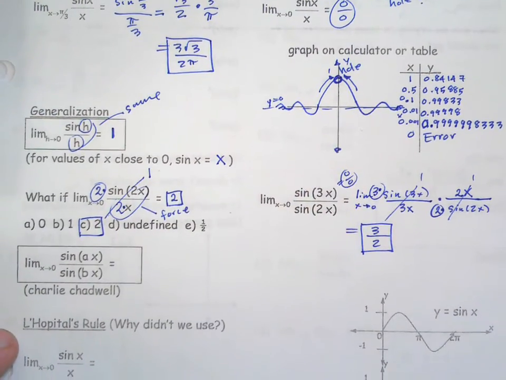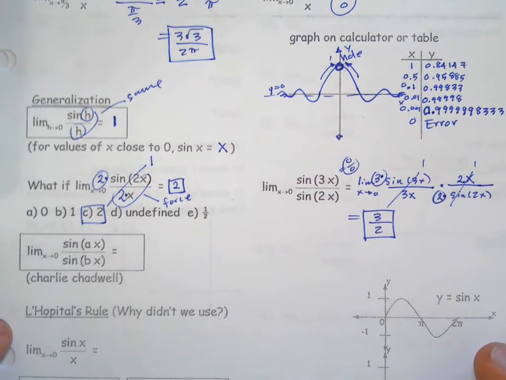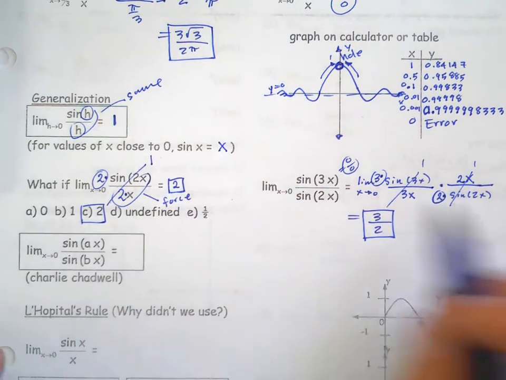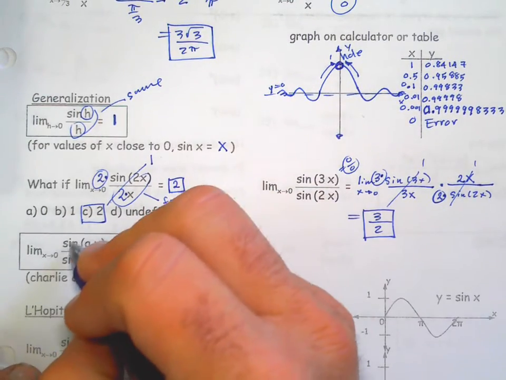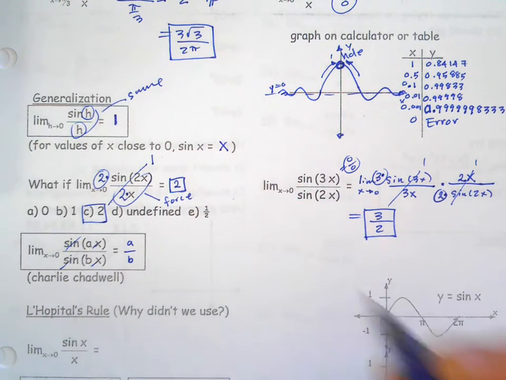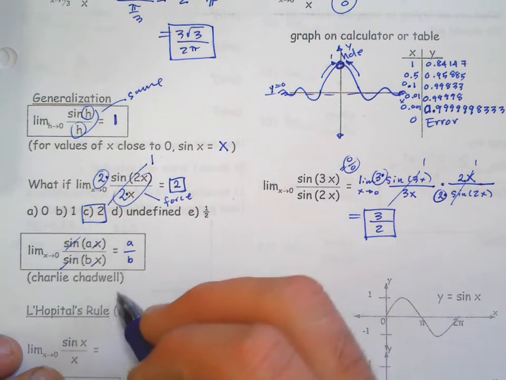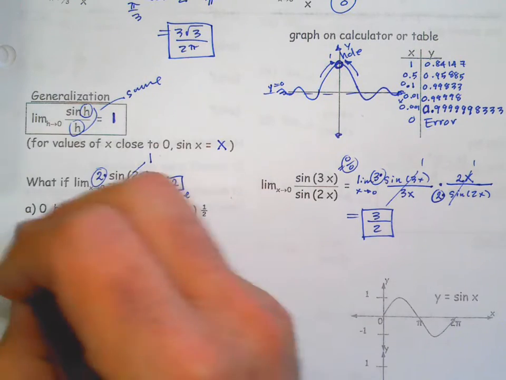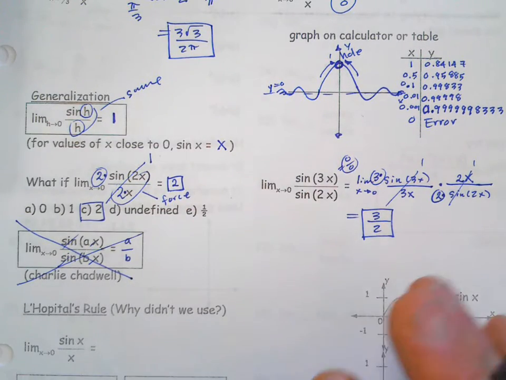Now, in general, okay, you could be like, and this is what some people think. On a problem like this, they're like, well, the sines cancel and the x's cancel, and so we're left with a over b. And then they check their answer, and they got it right. I'll call this the Charlie Chadwell rule, which I don't want you to use. Okay. Anyways, it's cool that it works.